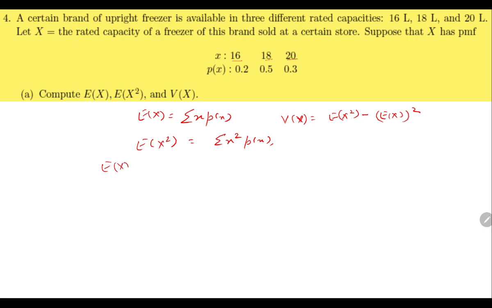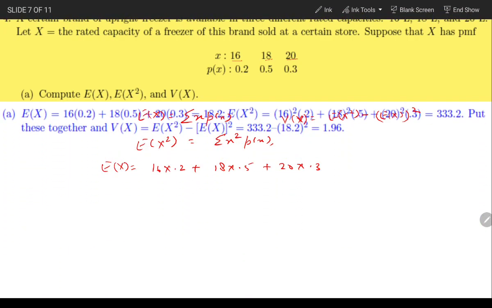For example, for expectation x, it is 16 times 0.2 plus 18 times 0.5 plus 20 times 0.3. Similarly, you can compute expectation of x square. When both are computed, then variance x can easily be computed.